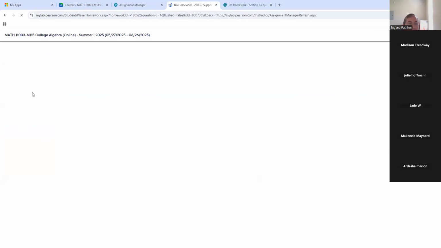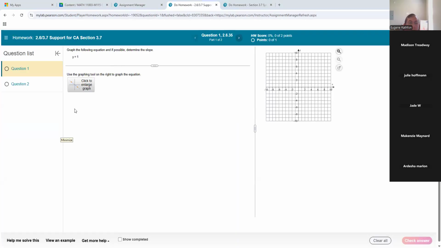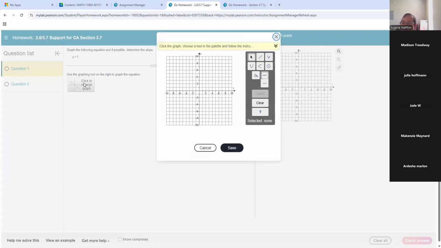And the support is only doing lines, so you don't have to do no shading or anything on that. It was just getting you used to those vertical and horizontal lines. So for number one, remember this is y equals 1. So remember this would be the horizontal line crossing the y-axis at 1.